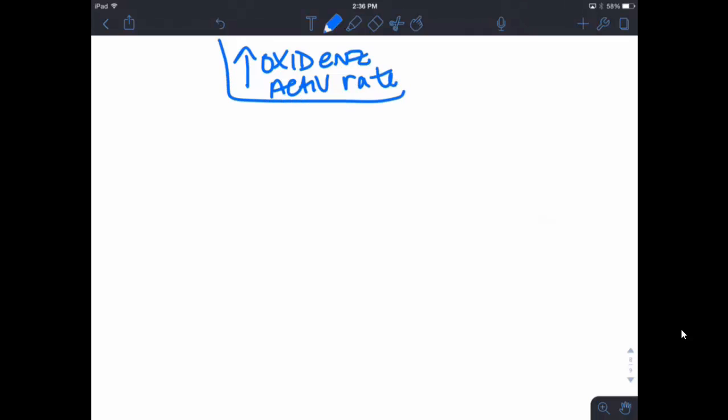Okay, another one of the 11 that comes off the top. So with training, the oxidative enzymes become more active, which means the oxidative processes can happen faster. Okay, which means that we can get greater aerobic ATP production rate.